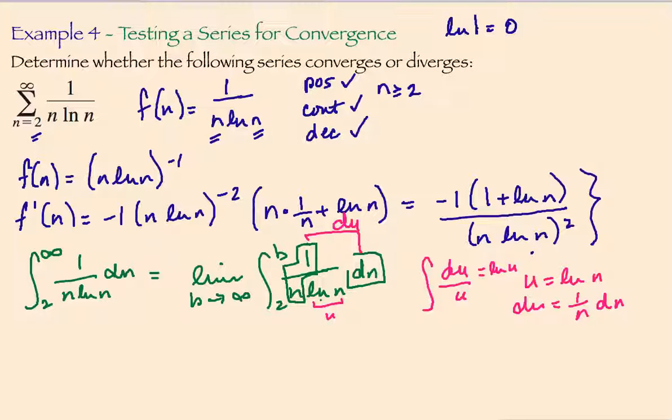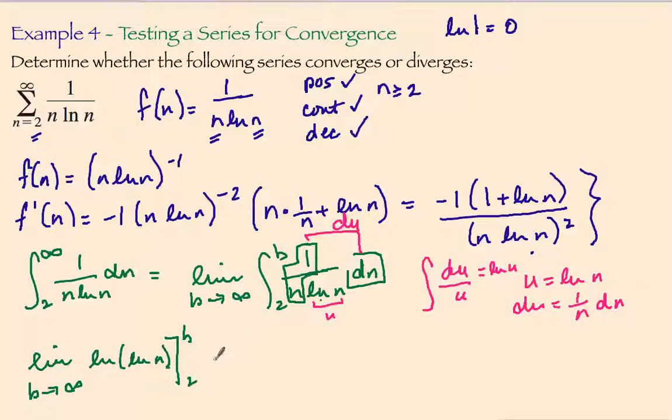So back to green, and we're going to take then the limit as b approaches infinity of the natural log of natural log of n from 2 to b.